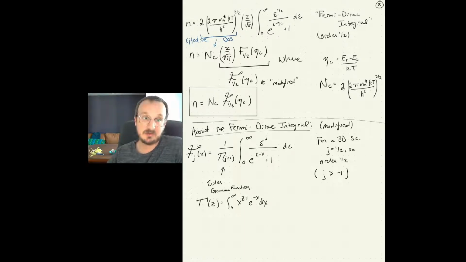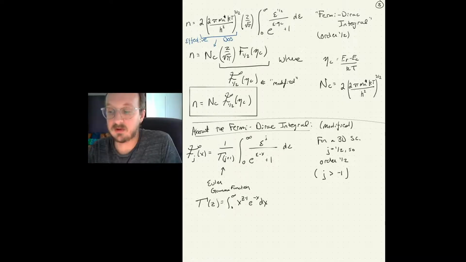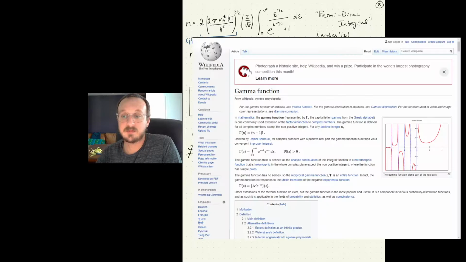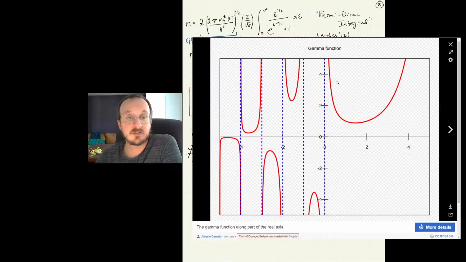And it's actually a really interesting function. Maybe I can show you what it looks like. To give you an idea of what this gamma function looks like, it's generally defined, this is just from the Wikipedia page, for positive values, but it's undefined for negative integer values.